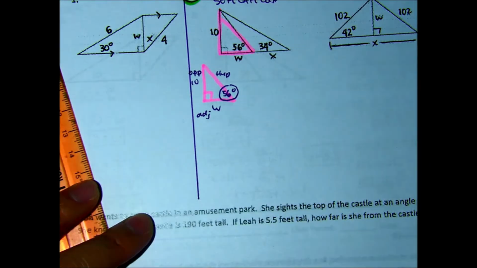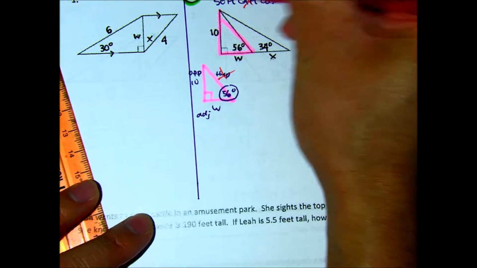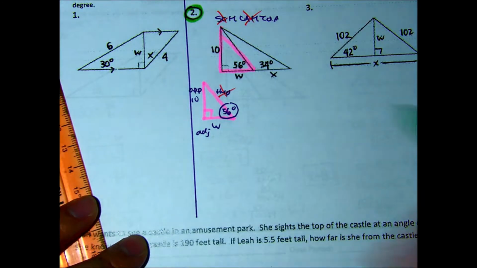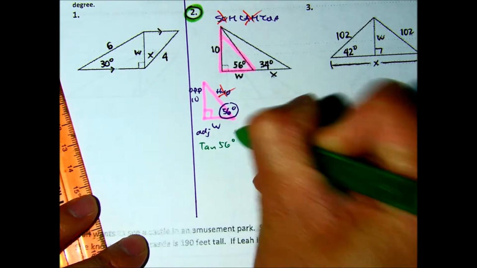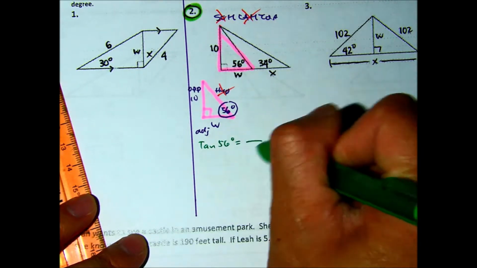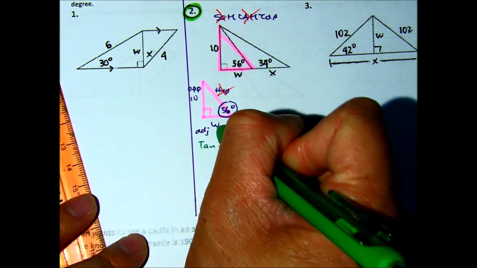We don't have the hypotenuse, so you can cross off everything that has the H. Now you have TOA, which means tangent of our angle. So you're always putting an angle next to the trig ratio. And then over here you have sides. My sides are opposite over the adjacent, so 10 over W.